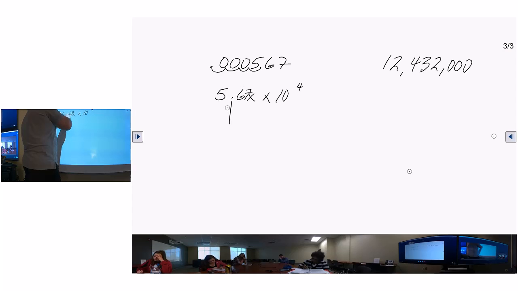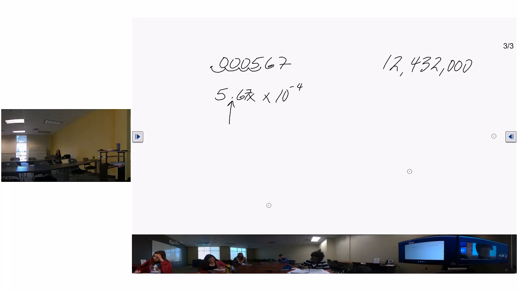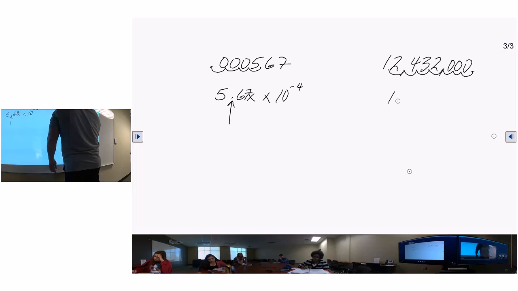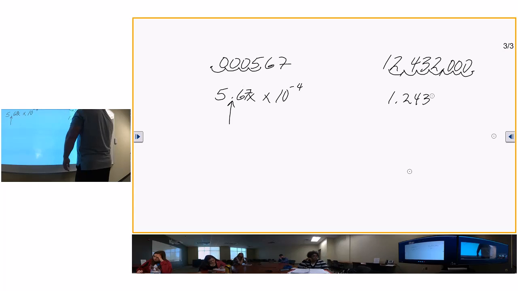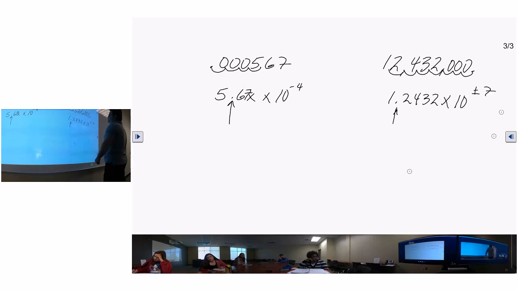And which way do you move this decimal to get it back the way it was in your head? To the left, so that would be a negative. Here's the decimal here. 1, 2, 3, 4, 5, 6, 7. 1.2432 times 10 to the blank 7. Which way do you move this decimal in your head to get it back the way it was? To the right.